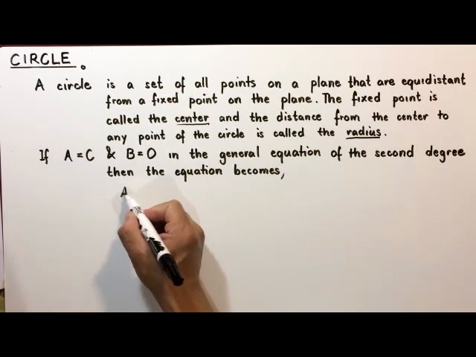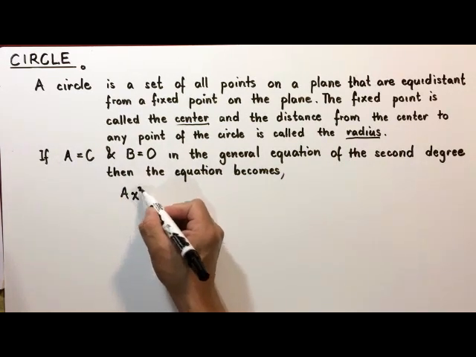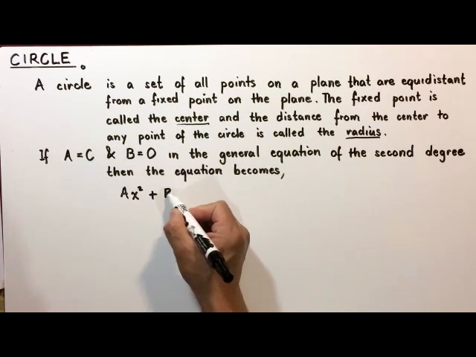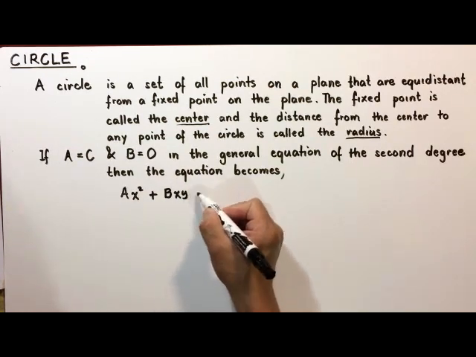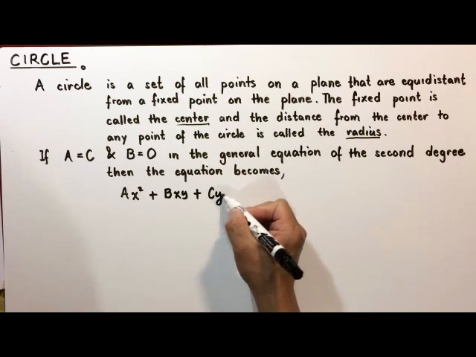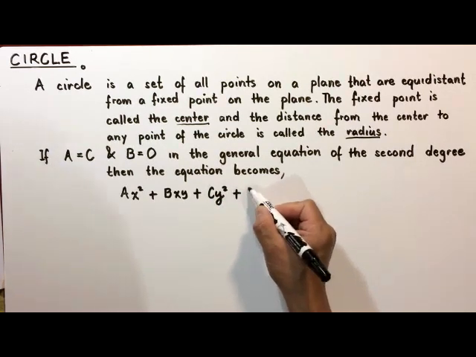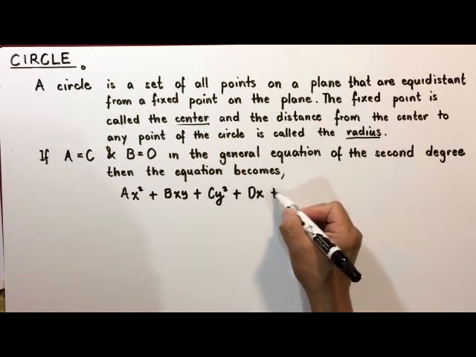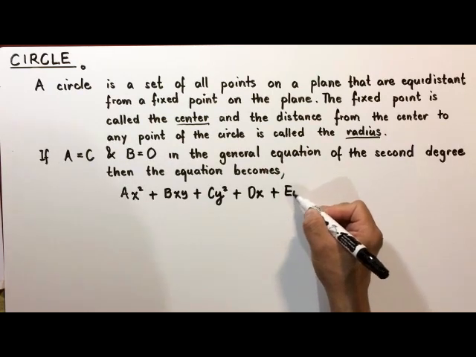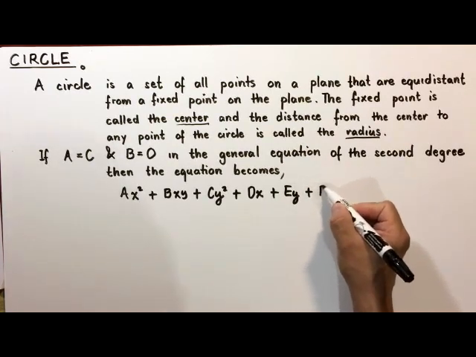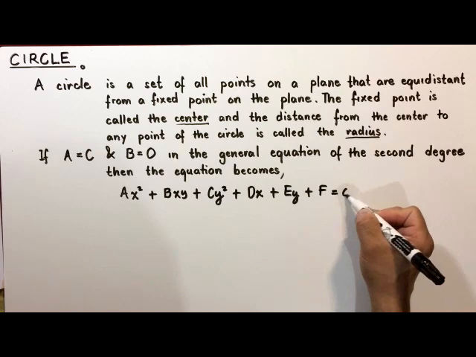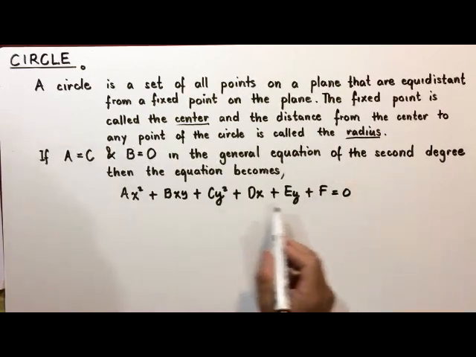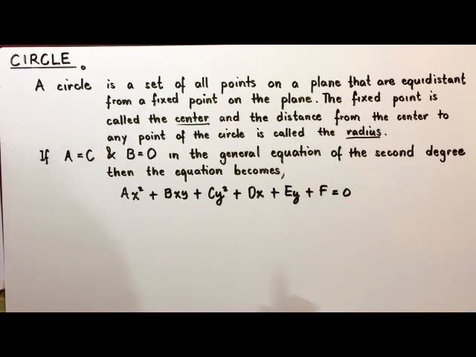The equation was ax squared plus bxy plus cy squared plus dx plus ey plus f is equal to 0. This is the general equation of the conic.